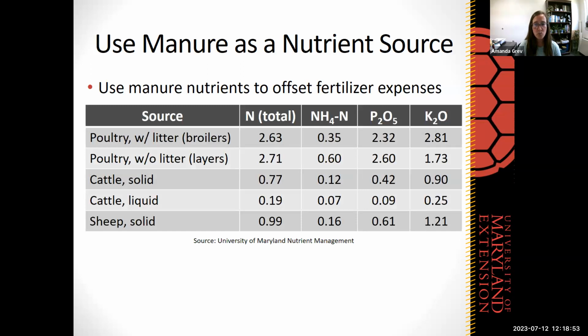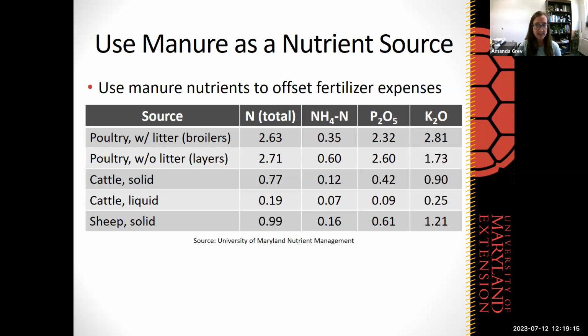And this is some more numbers just showing some averages, this time specific to Maryland. So this is from the nutrient management program at University of Maryland. They have some average numbers, just like the previous one, but just looking at the numbers this time instead of on a bar graph for our various nutrients present in these different types of manure or litter.